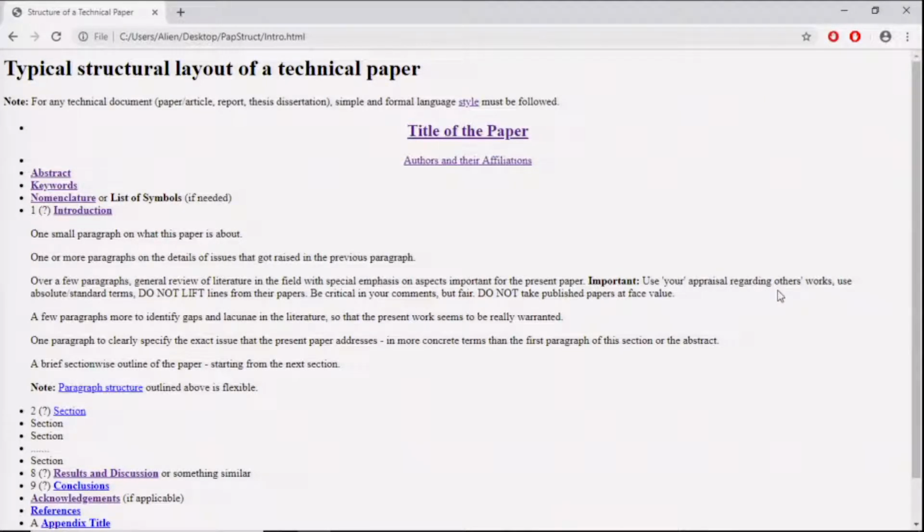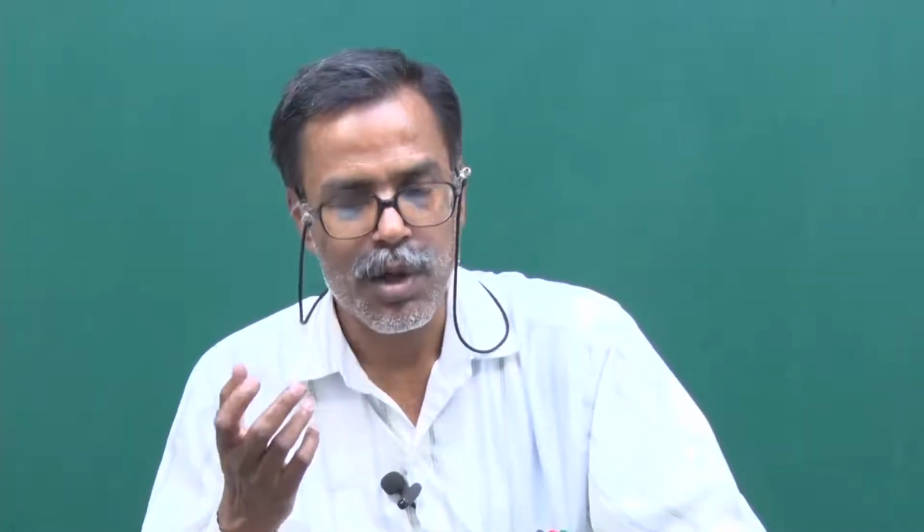It is important because sometimes it happens that the authors make some claim which, if you verbatim reproduce in your paper, then you might be making some wrong statement which is not really correct.